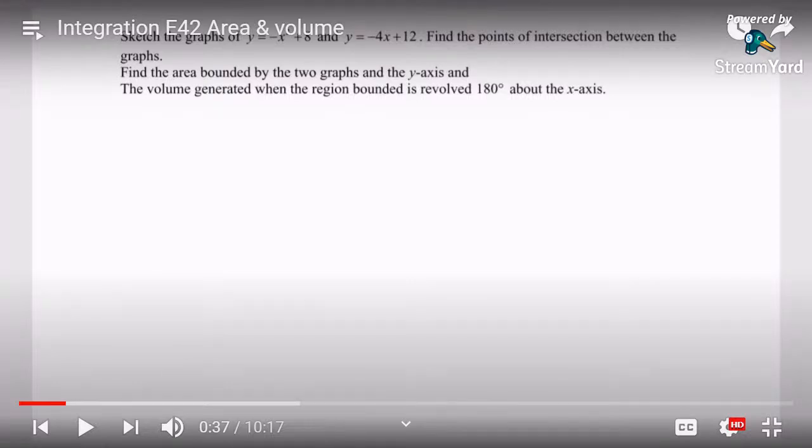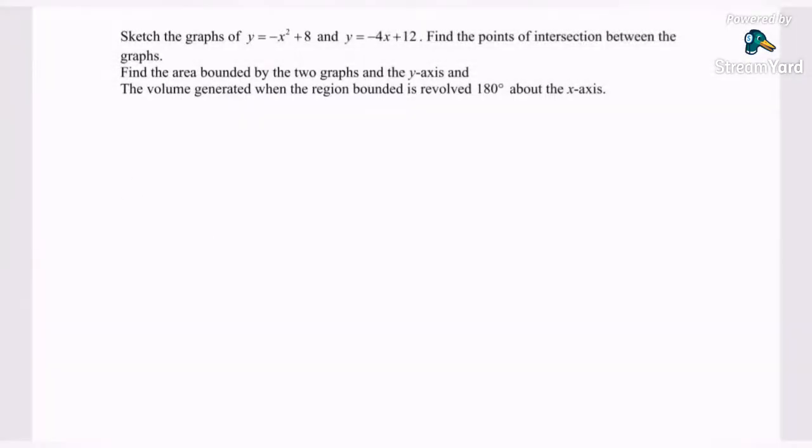So diberi dua function. Satu adalah straight line, satu adalah quadratic. y equals negative x squared plus 8. y equals negative 4x plus 12. Kindly substitute the equations. Rearrange the equation.